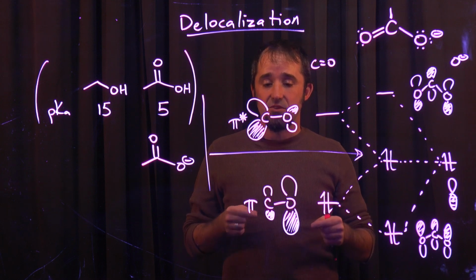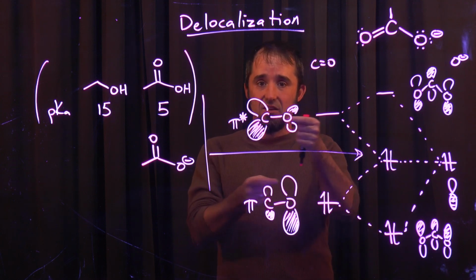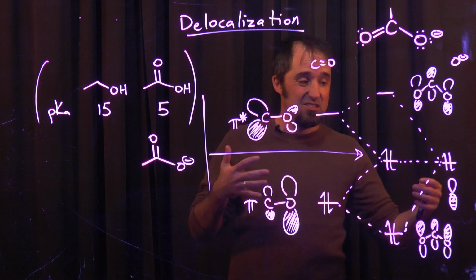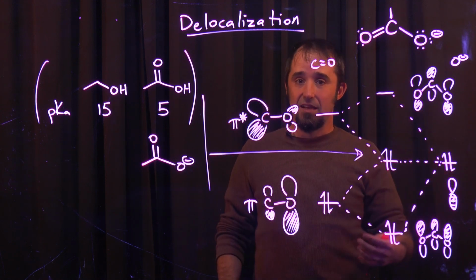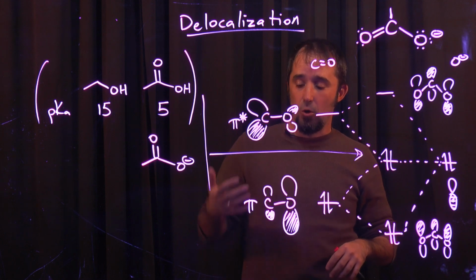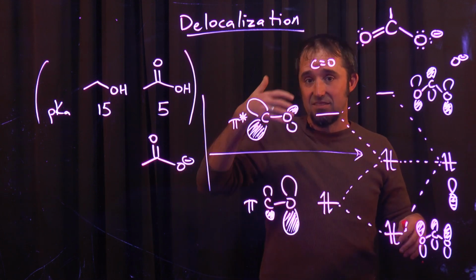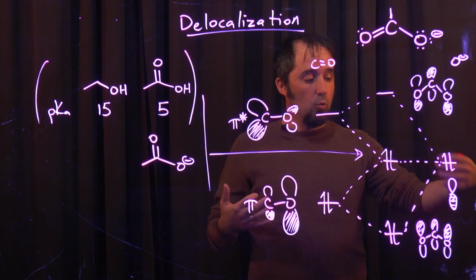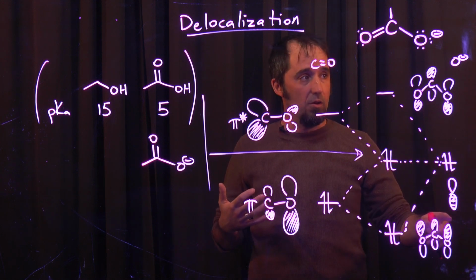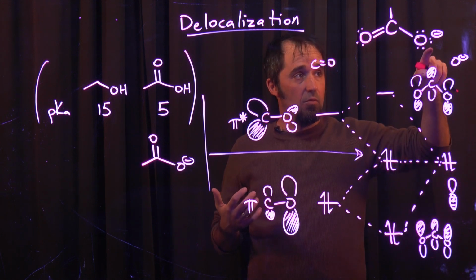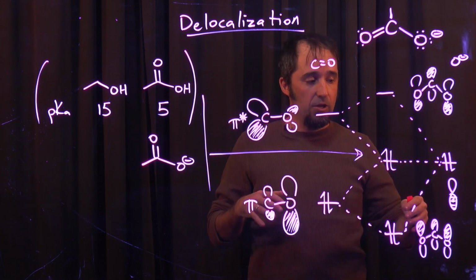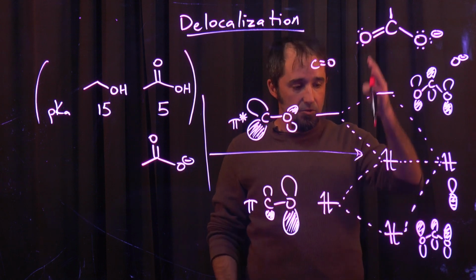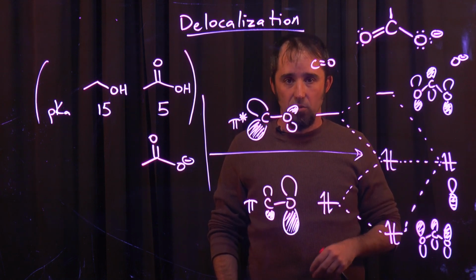So now, instead of starting with 2 atomic orbitals and getting 2 molecular orbitals, I'm really going to start with 3 atomic orbitals and get 3 molecular orbitals. Or you can think about it as mixing this pi and pi star with one more filled p orbital from this O minus. So again, 3 atoms, 3 p orbitals, 3 molecular orbitals.